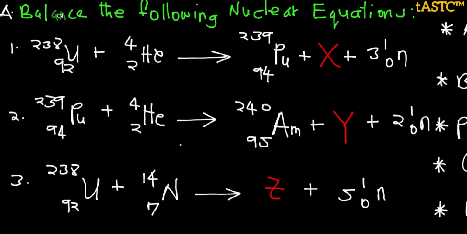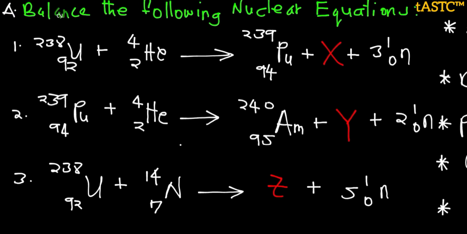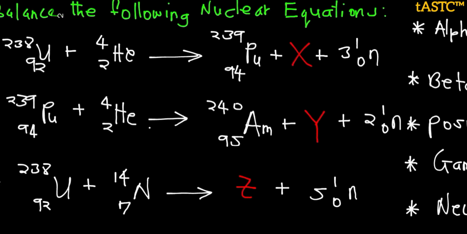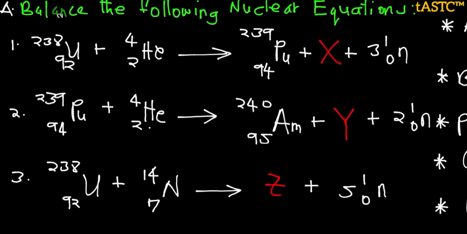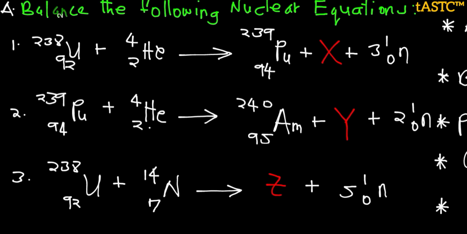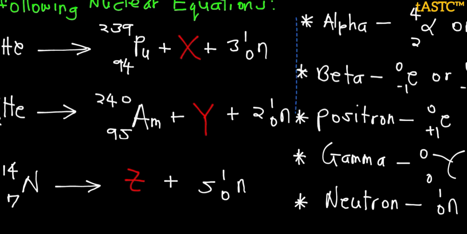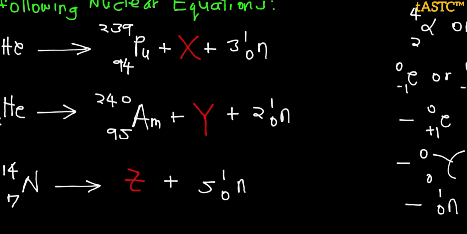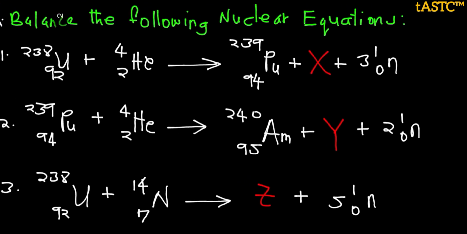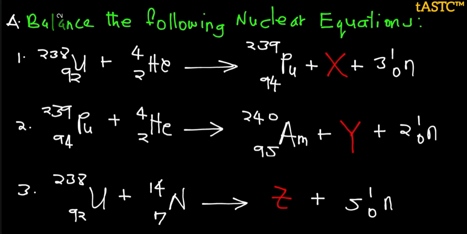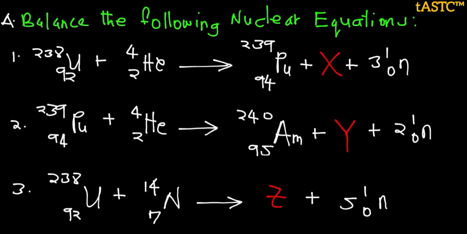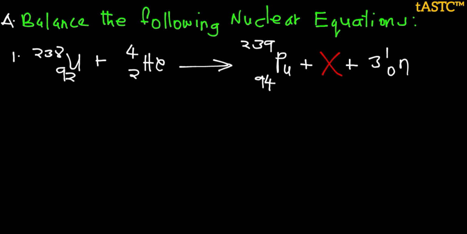So the first question here is this stuff that you see here. We actually have uranium bombarded with an alpha particle, and that leads to this stuff. So I think I need to wipe this out. Okay, so that's what you have. Now, let me take this also out.